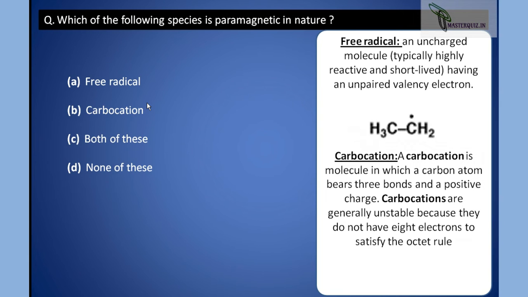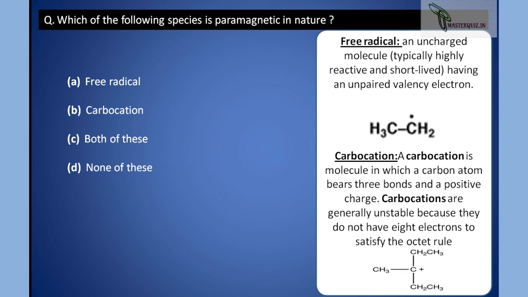And what is carbocation? Carbocation means carbon contains a positive charge. That carbon is called a carbocation. It is unstable because it does not have 8 electrons in the outermost orbital. So in carbocation there is no unpaired electron, so it does not act as a paramagnetic substance.